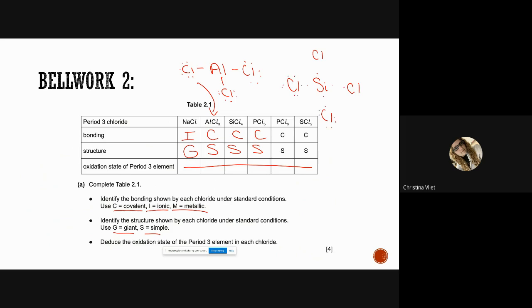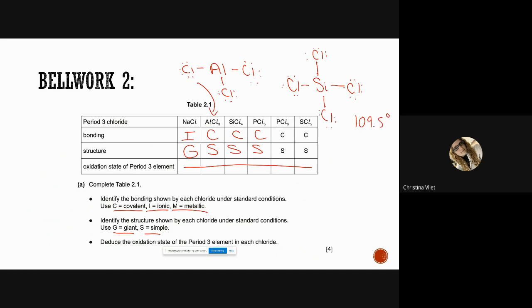We could ask the bond angles for that. I could ask the hybridization for this. Angles, hybridization. What's the bond angle for SiCl4? 109.5.